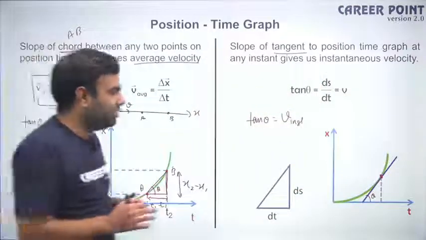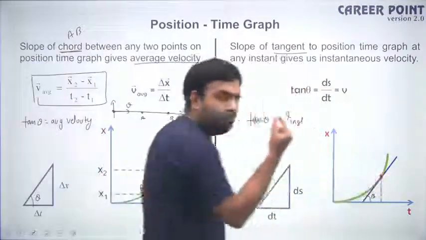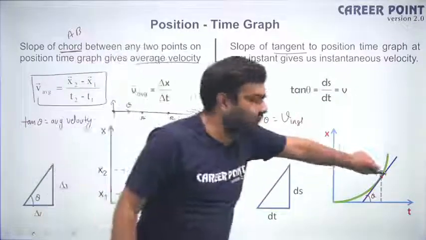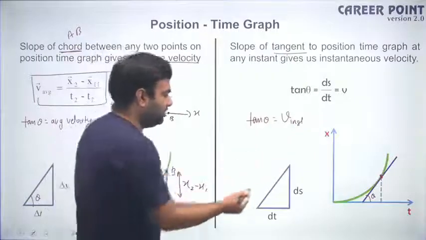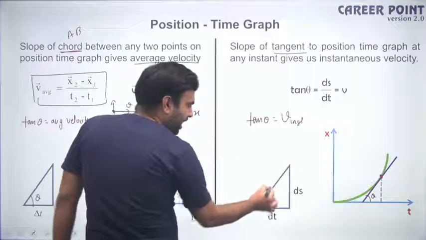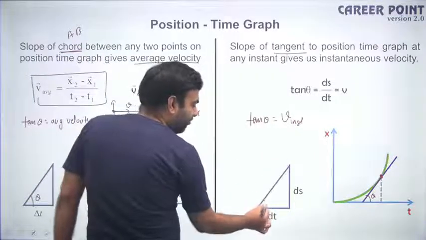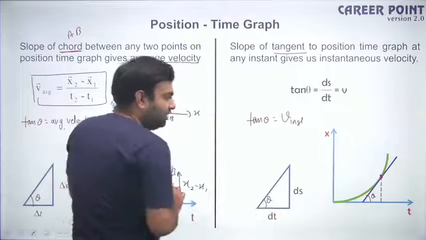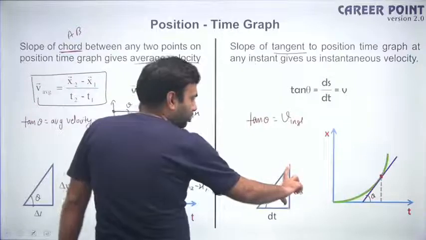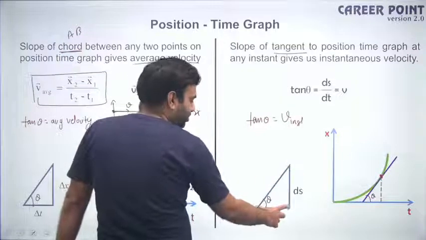We can assume that for a small part of the curve, the tangent and curve are overlapping, a very small part, as small as the thickness of paper. If this is theta, then in that small part, this is a small displacement and this is a small time interval.